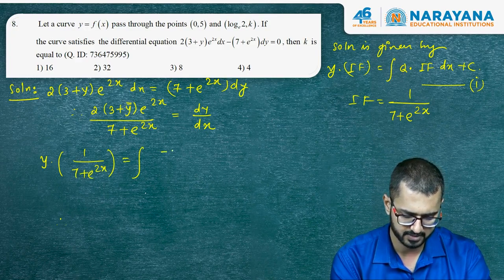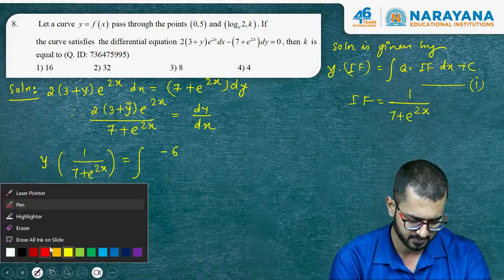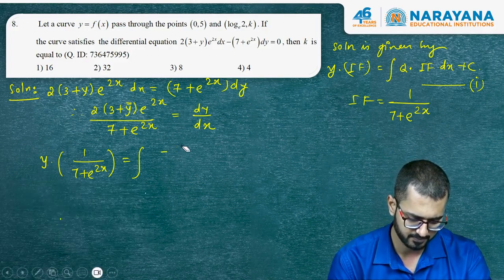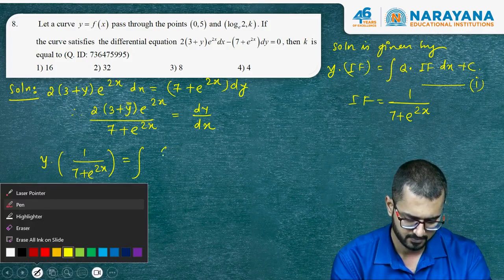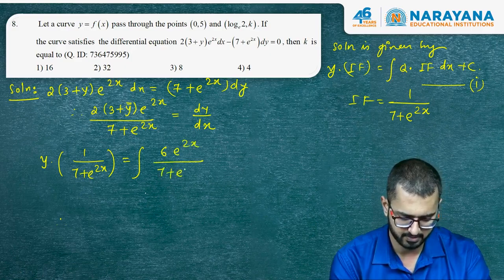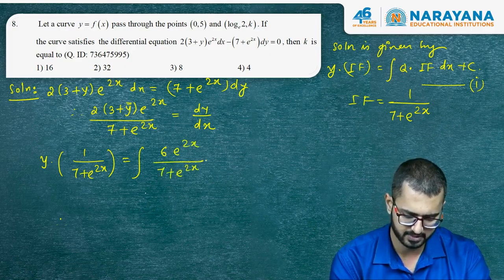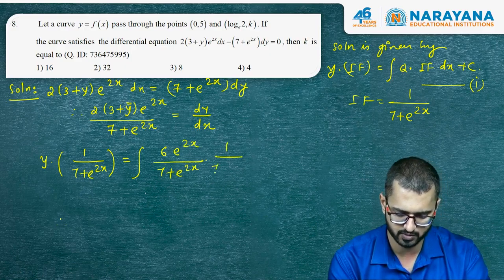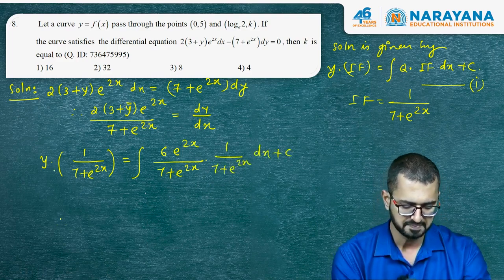Not minus 6, just 6 into e power 2x over 7 plus e power 2x, and then the integrating factor also joins, so e power 2x dx and then plus c.